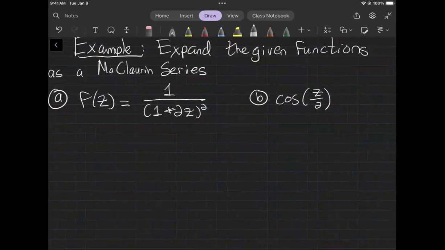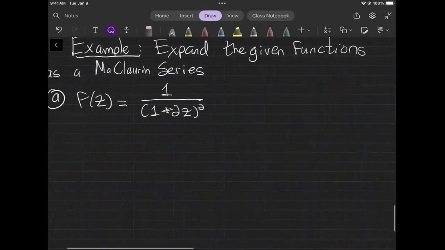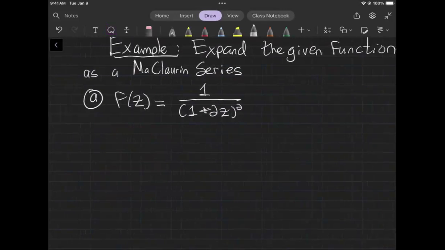Okay, so I assumed you worked on these examples. So I'm going to put this second part off to the side. I'm going to have a lot of work here. So for part A, really we want to look first at how we would formulate a Maclaurin series for 1 over 1 plus 2z.